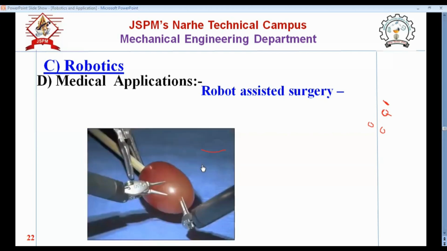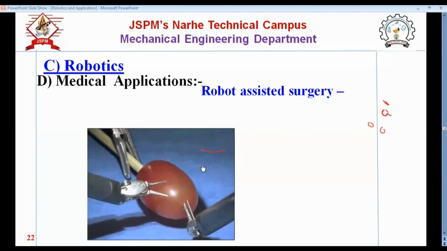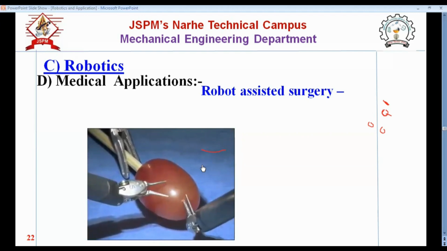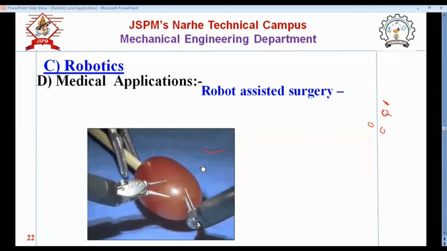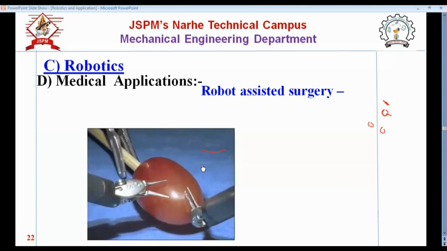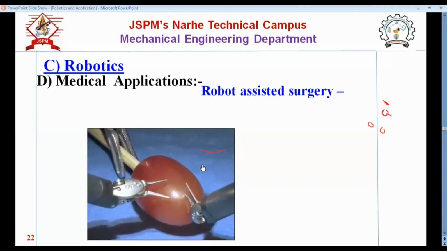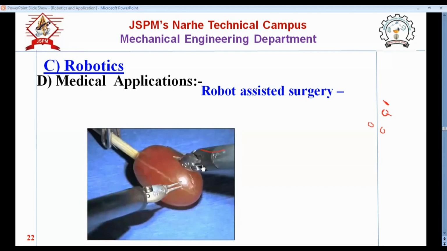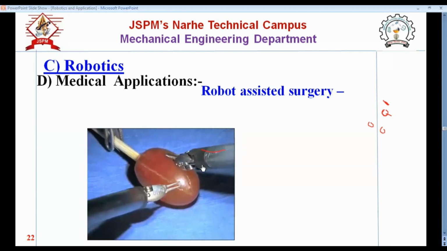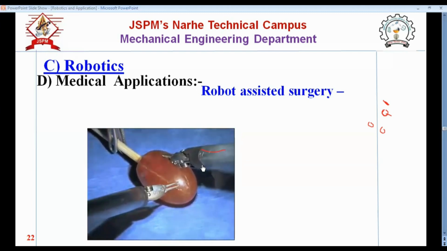The doctor is seeing the screen and then applying the control. You can see a very fine incision is taken by the scissor. A very small scissor is there. This scissor will go inside; if the surgery is inside the stomach, it will go inside the stomach.